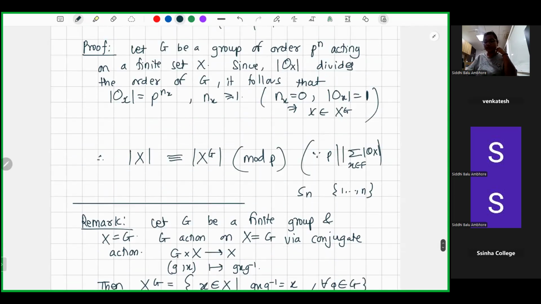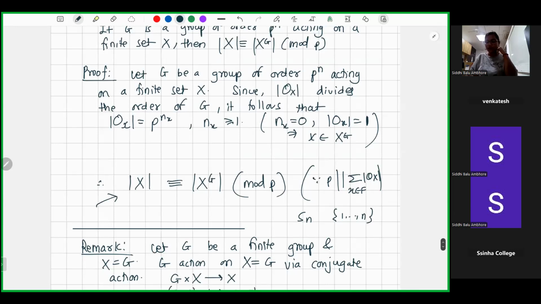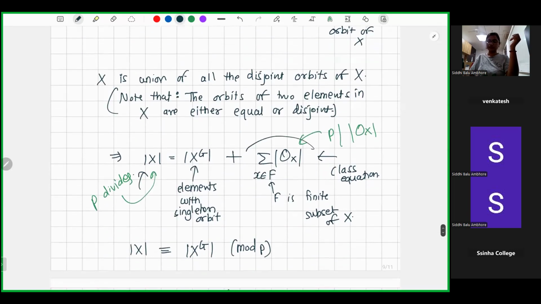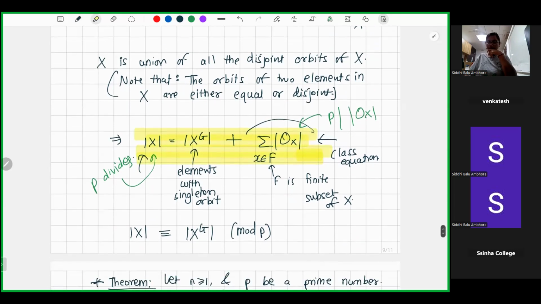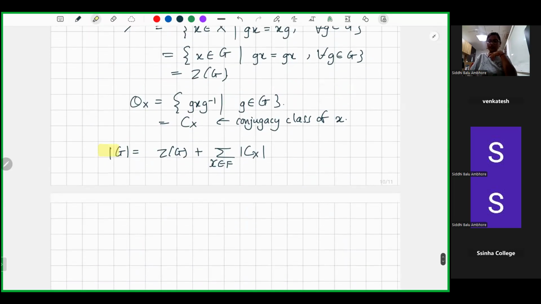So the class equation which we have for any arbitrary group action of G acting on X, this is the class equation. We can write this explicitly for any given finite group G. Is this okay?